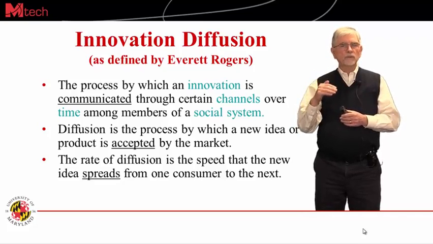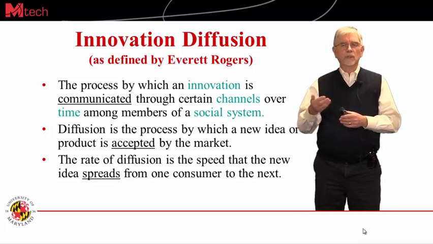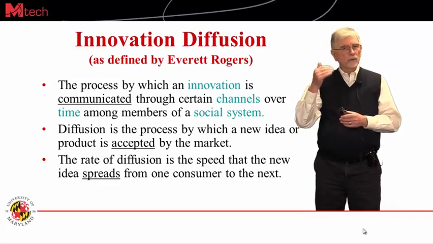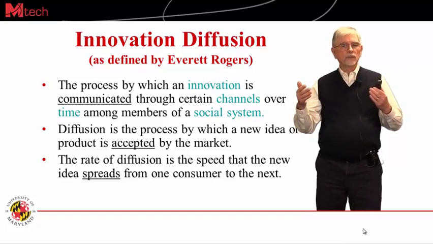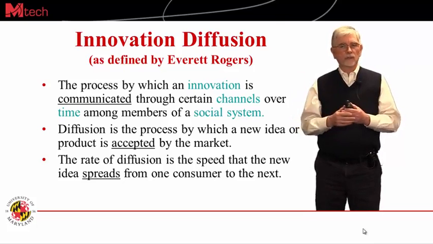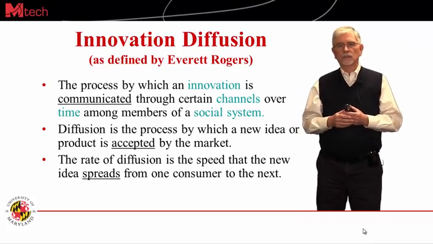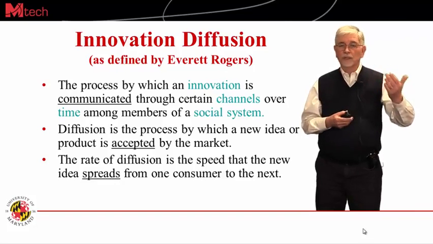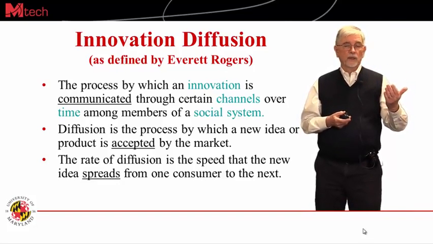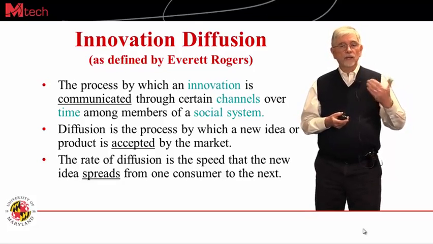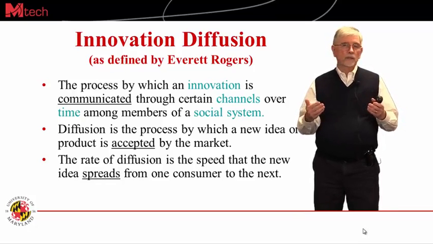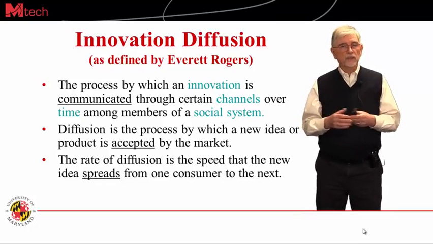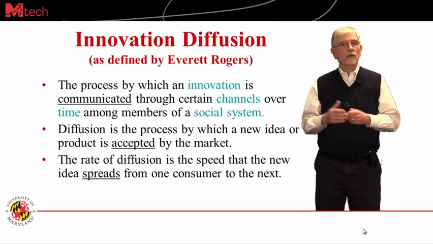And so innovation diffusion is the process by which a discovery or an innovation is communicated through various channels or communities by members of that community. So it is a process where a new idea is accepted in the marketplace. And the rate of diffusion is the speed at which it spreads and is used. So you could think about the spread of something as basic as a smartphone and how it has spread.